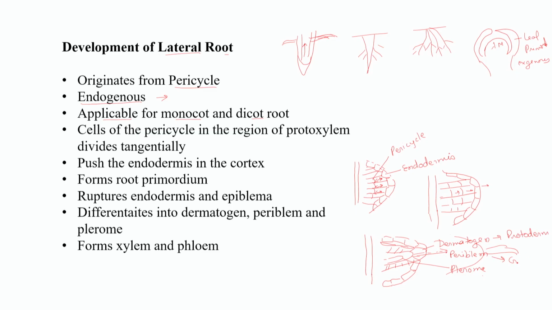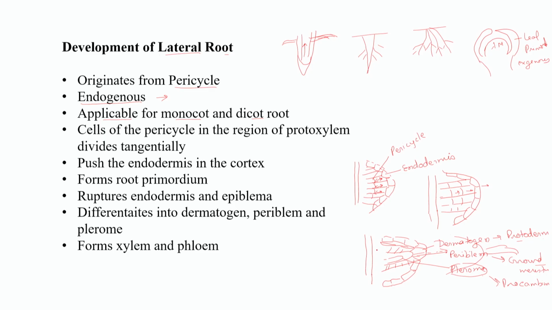Then protoderm, then ground meristem, and then the procambium. Procambium was there, but in this case, this will give rise to the stelar system. This will give rise to the ground tissue, and this protoderm will give rise to the epidermis.